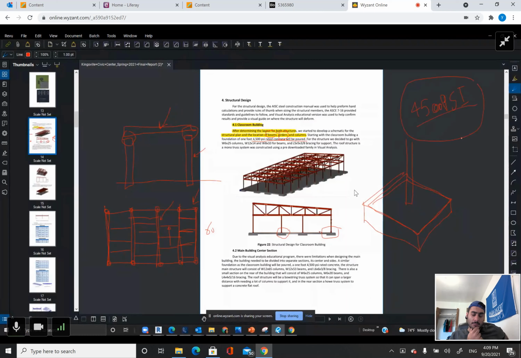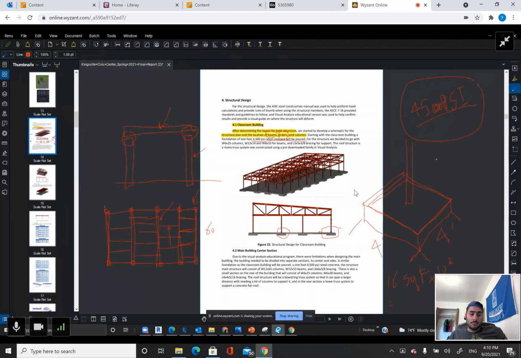Okay? So dependent on the size of this footing, let's say it is 4 feet by 4 feet, right? That's the size of the footing. The area of the footing then is 16 square feet. I'm just going to change it to square inches so that we use the same units: 16 times 12 times 12.